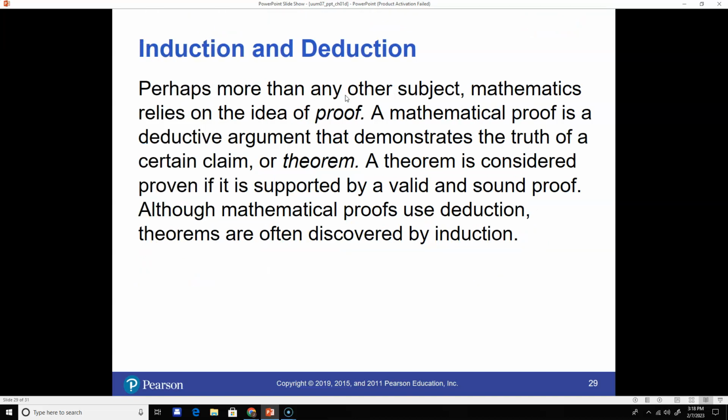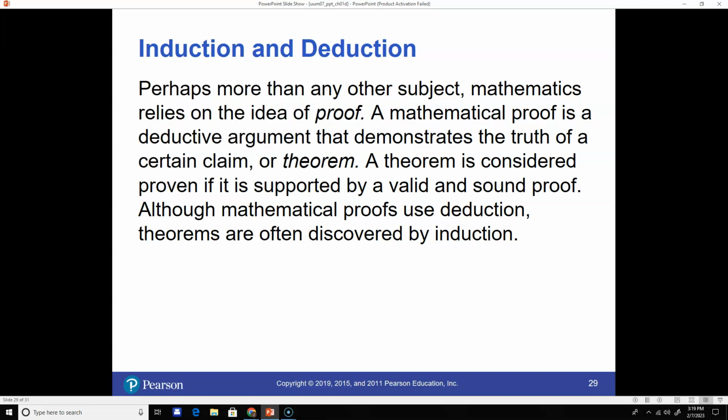Okay, so perhaps more than any other subject, mathematics relies on the idea of proof. A mathematical proof is a deductive argument that demonstrates the truth of a certain claim or theorem. They use lots of words for certain things. Sometimes you might see something written as a proposition. A theorem is kind of like a bigger thing.